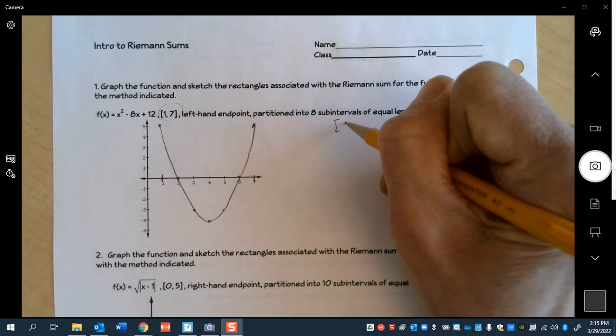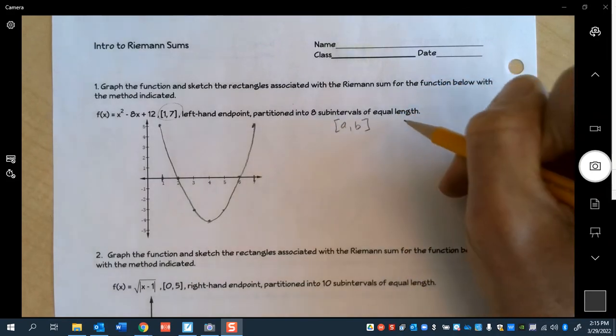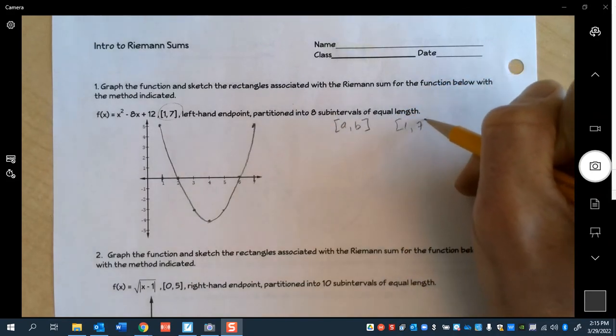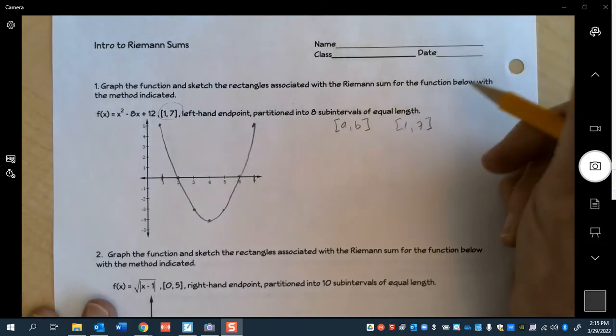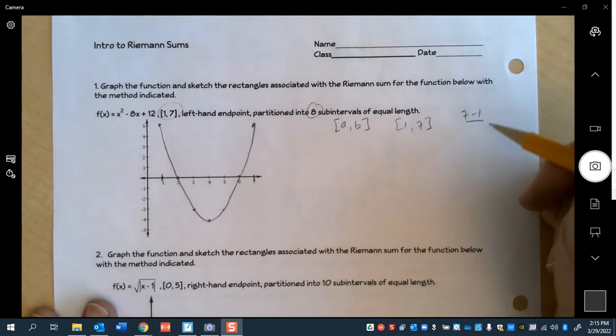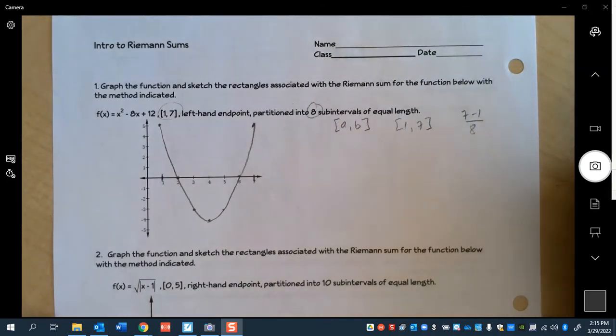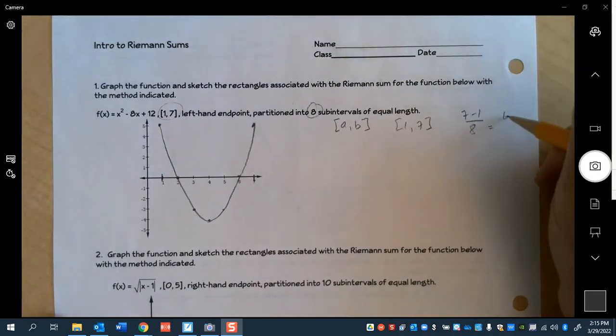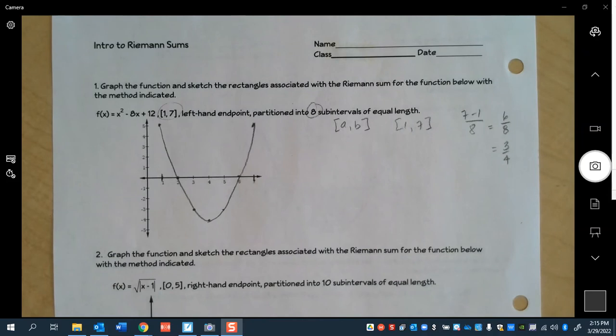So if I have my A and B, that's going to be 1, 7. So when I do B minus A divided by, check it out, they want 8 subpartitions. And we can go ahead and simplify that to 3/4.